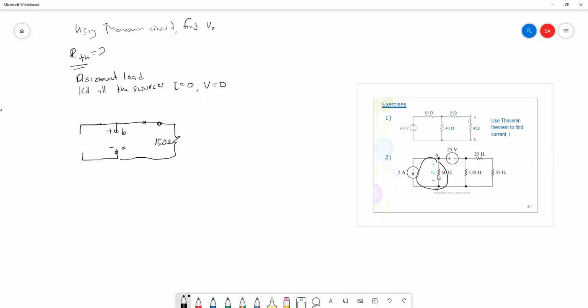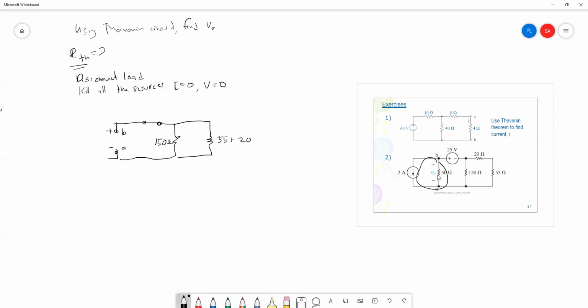Okay, and then you have this resistor, which is the summation of 55 plus 20 because they are in series. Okay, since this one is actually open circuit, we can ignore this branch because there is no element here.